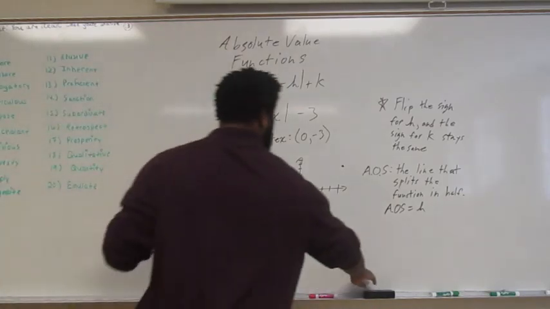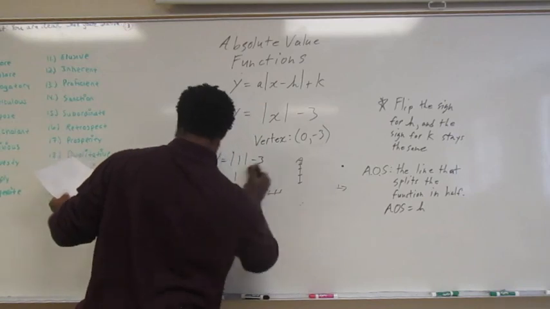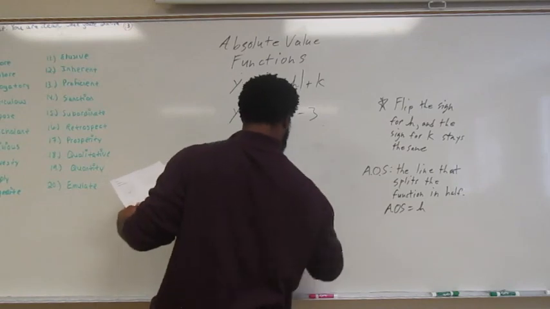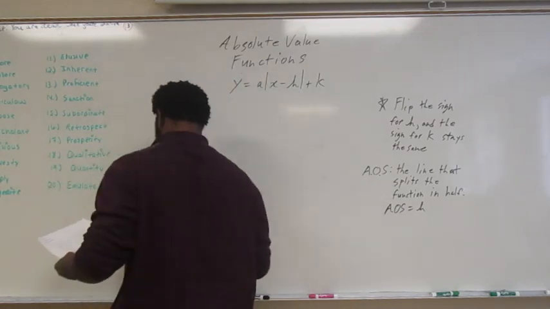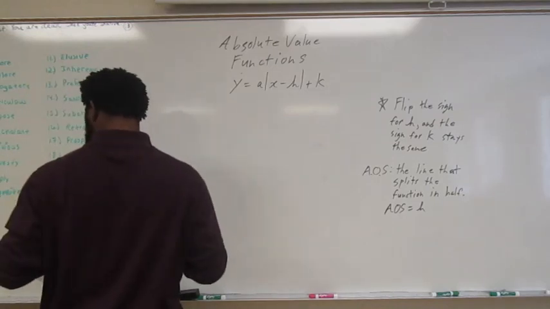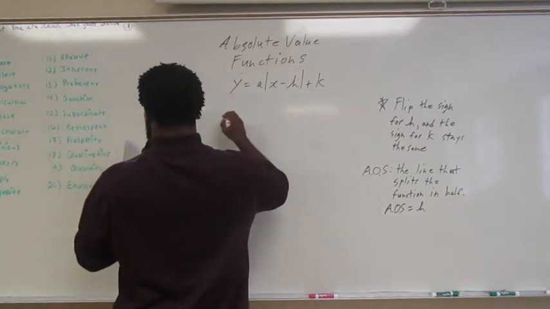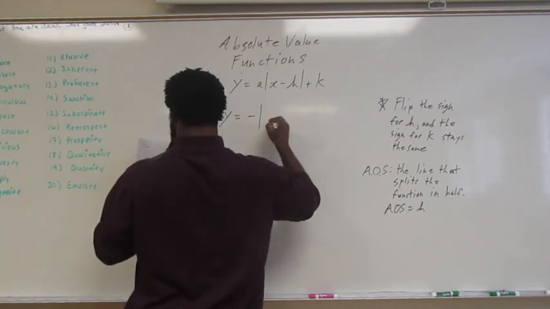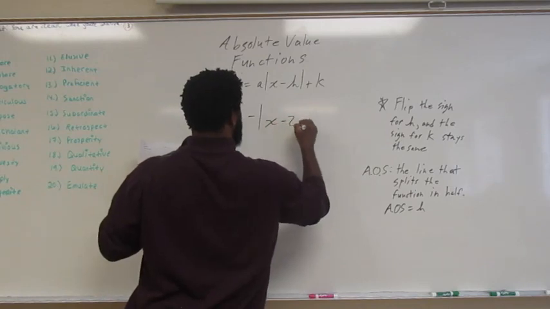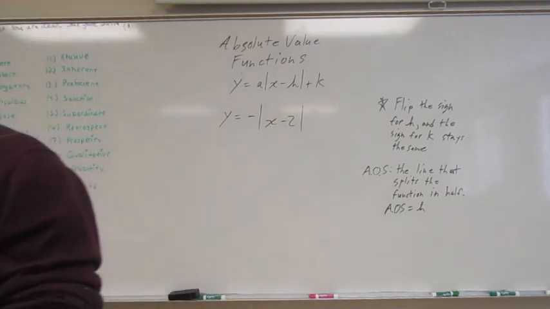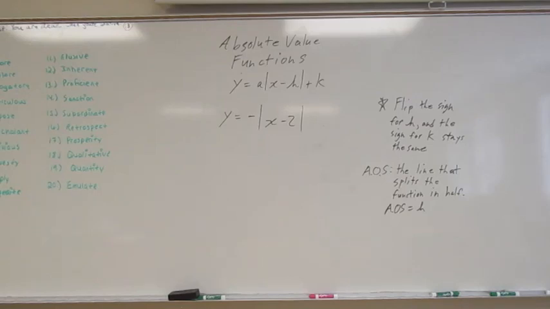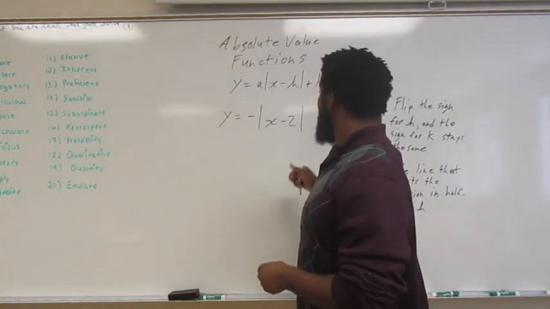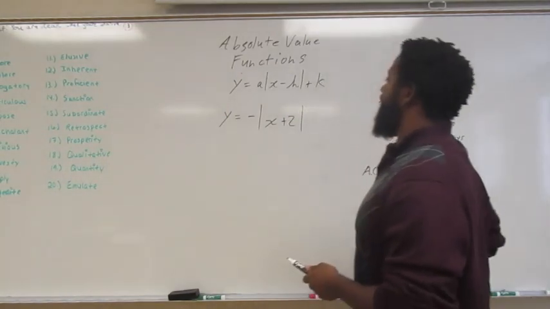Okay, so say for example, you have number 2, y equal to a negative absolute value of x plus 2.